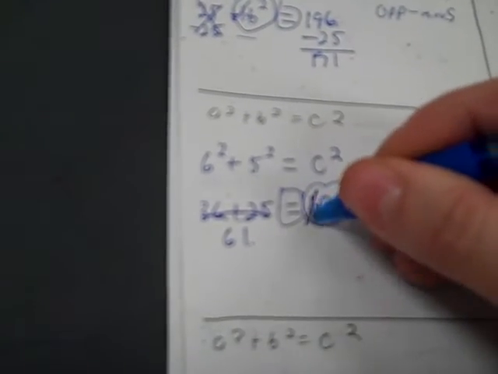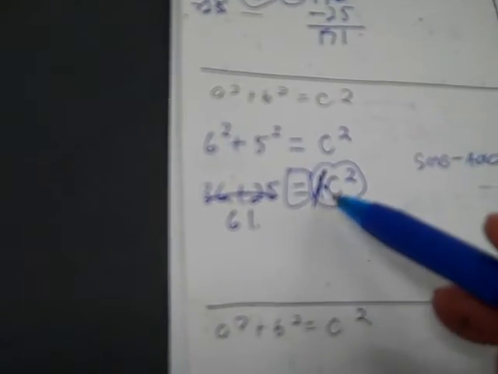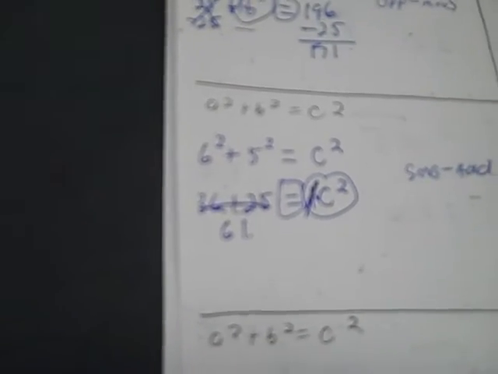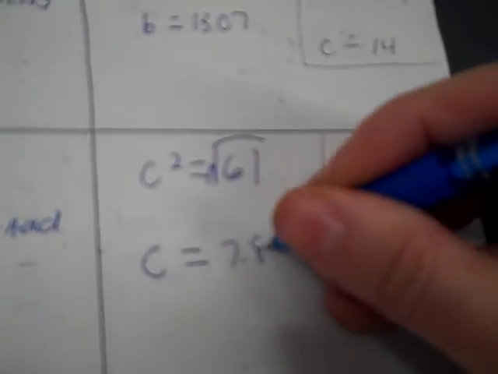That's still 61 as long as that's a 1. Now if that was a 2, I'd have to divide. So C to the second is 61, and then I find the square root of 61. 7.81. Okay, so 7.81. You don't need the negative. On A, B, C, you just take the positive.